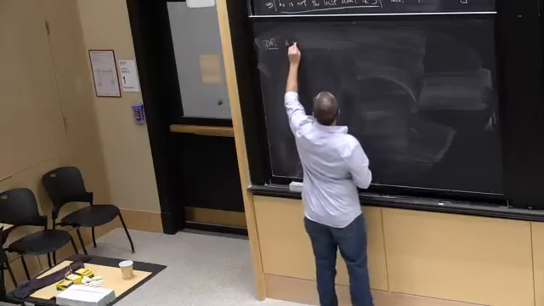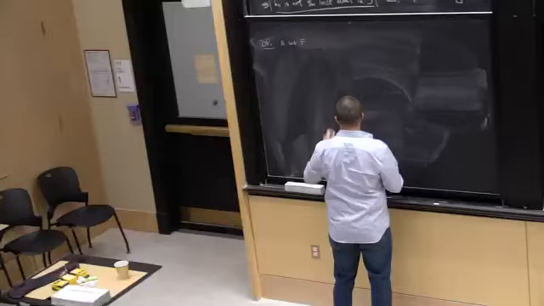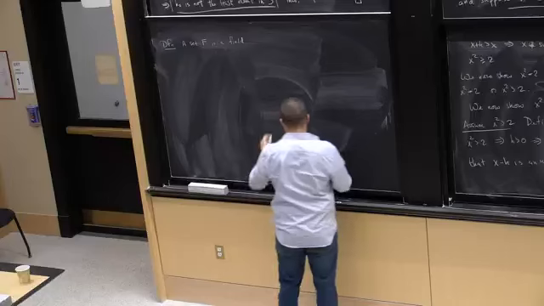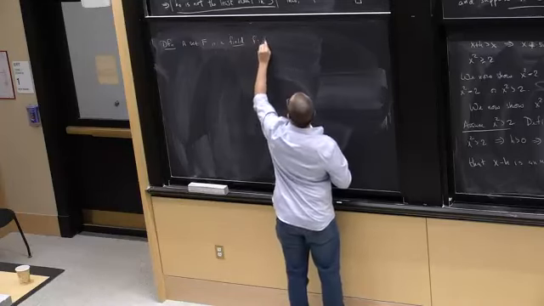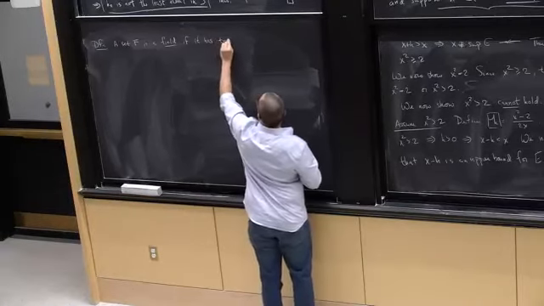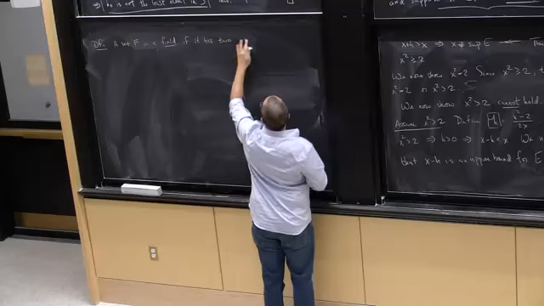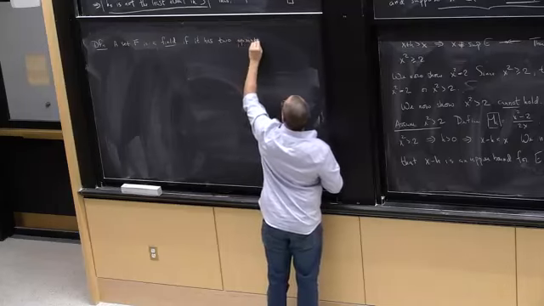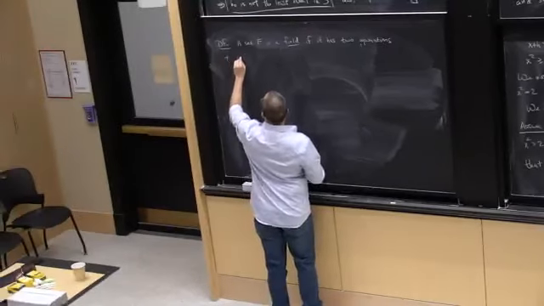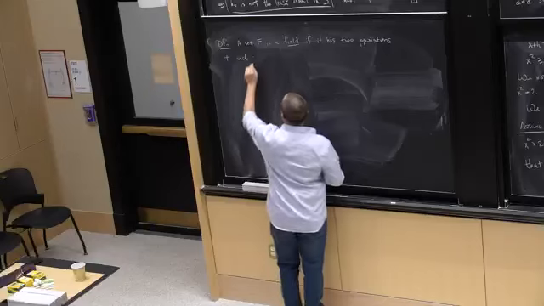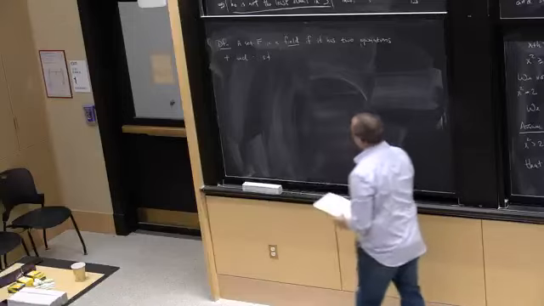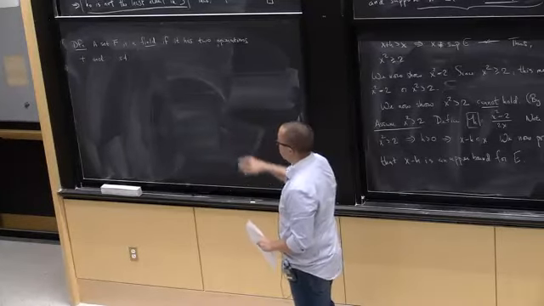A set F is a field if it has two operations, plus, and I'm going to put a dot here in the middle, times, such that you have a list of properties that hold with respect to these operations.